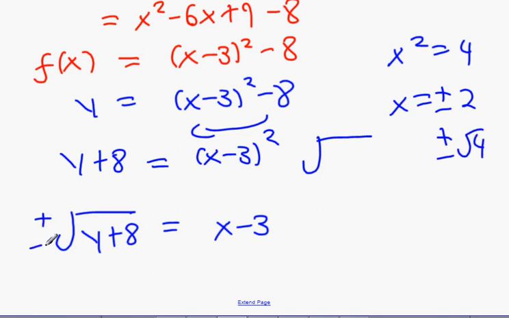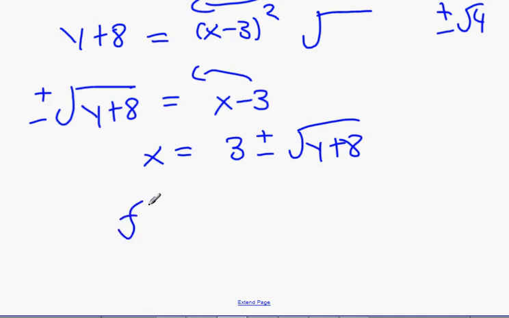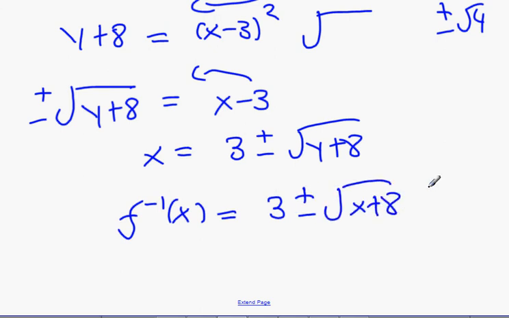This means we need to have a plus or minus here. Finally, get x on its own, and what we're going to get is x equals 3 plus or minus the square root of y plus 8. Last step, replace x with x inverse, and we get 3 plus or minus the square root of x plus 8.